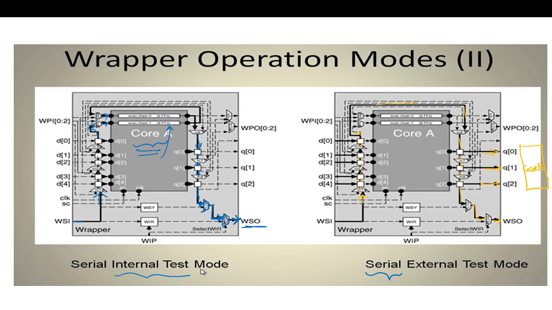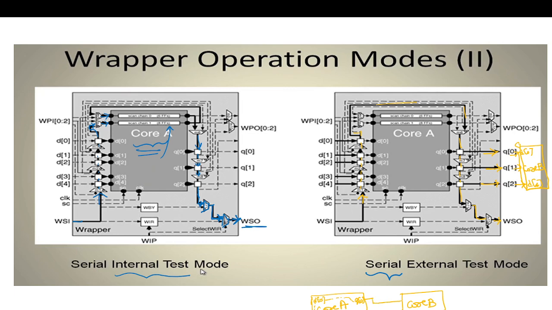Core B's inputs will be D0 till D4. So it will capture this value. So the interconnect between the core A and the core B. So here the Q0 from this D0, from here we started, we applied, and this response we just shifted in till here.